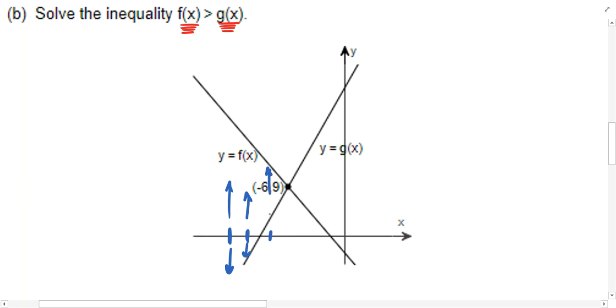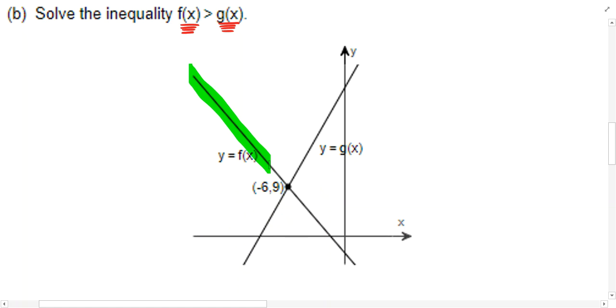Again, f of x is here, g of x is right here, so they're getting closer to one another, but f of x is still larger than g of x, and so on. It's not until we get to that point of intersection that things change. Here's where g of x starts to become larger for this x value than f of x down here.